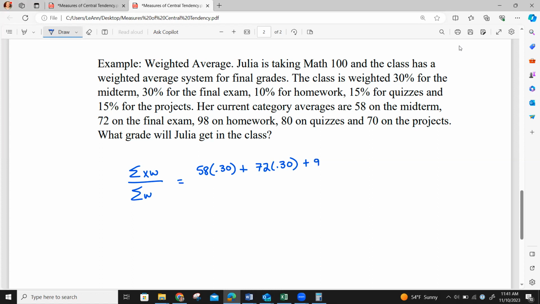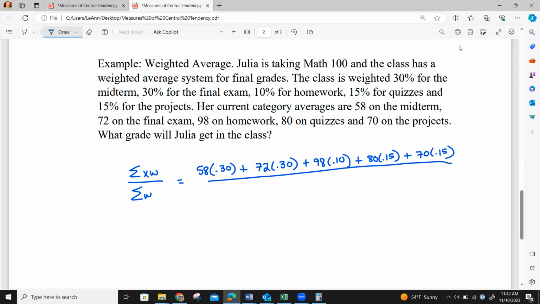Homework had a pretty good average there, 98, but that's only weighted at 10%, so times 0.10. The quizzes had an 80 average, and that's weighted at 15%. And then the projects, 70 average overall, and they were weighted at 15%.